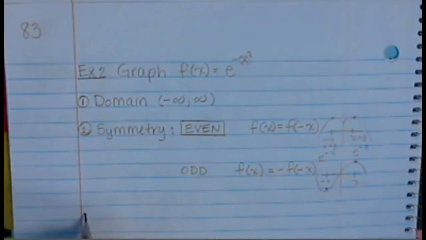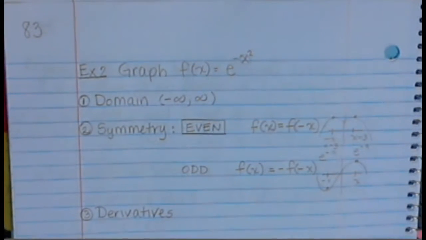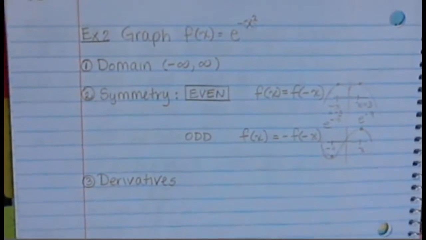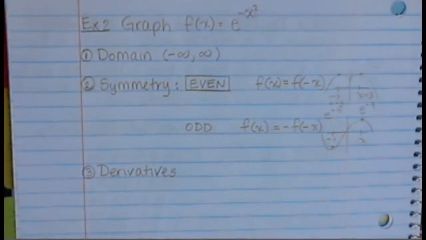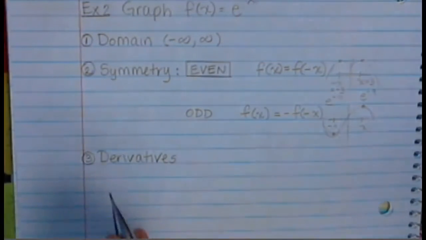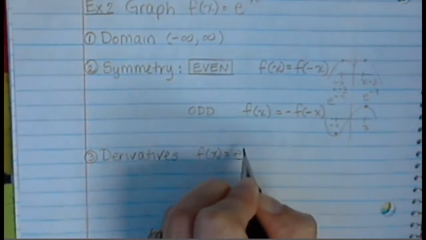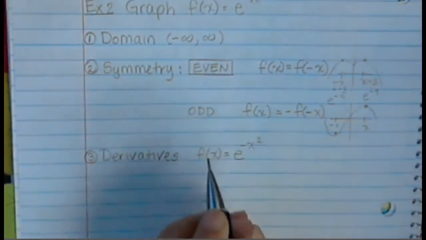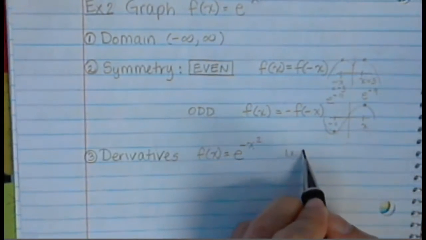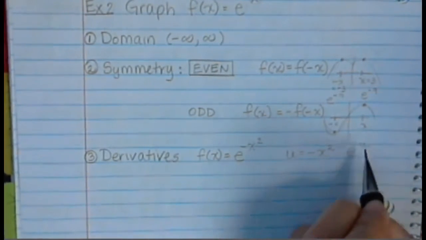The third thing we're going to do is go find some derivatives. So let's go find the first derivative and the second derivative because we're going to be using both the first derivative and the second derivative tests. So if f of x is equal to e to the negative x squared, remember we can think of it as u is equal to negative x squared, so we have e to the u.